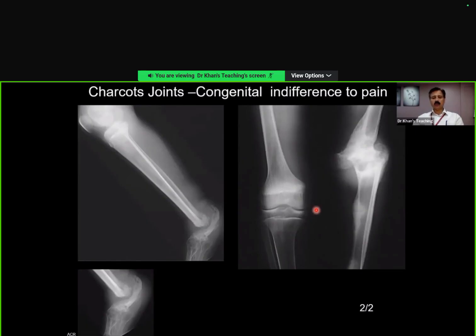They might jump from the first story and show off to their peers. And you can see what has happened, that there is ankylosis, complete deformity on this side. This is the other side, because that knee is normal. So this is congenital indifference to pain. Quite a pathognomonic condition, but the only thing is that this disease should be in your vocabulary. You should know this.